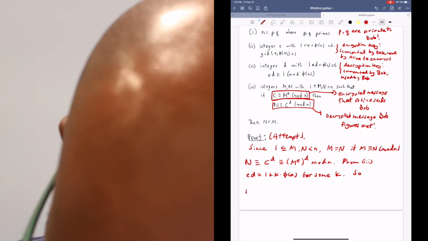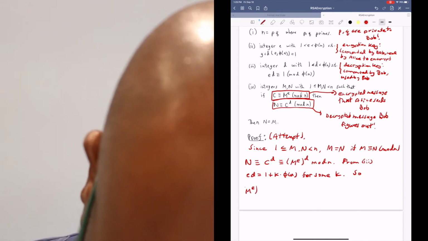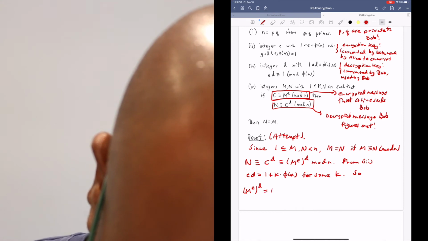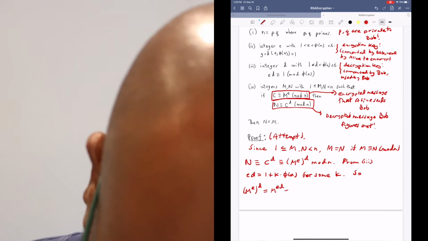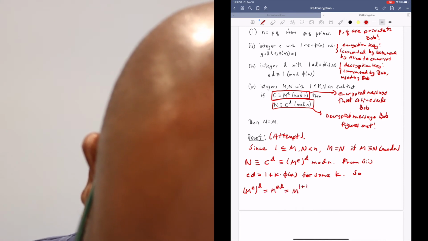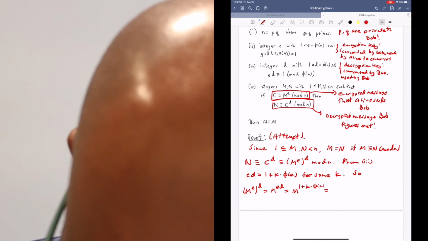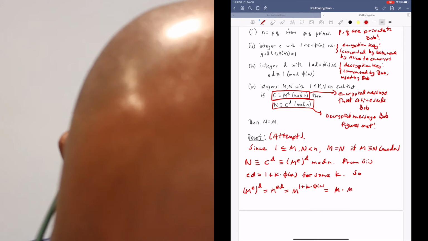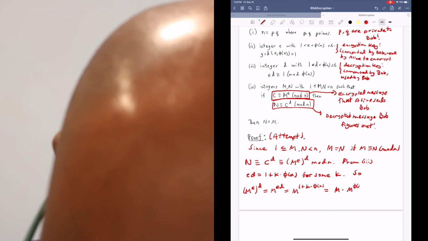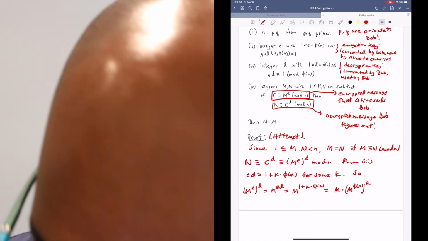Okay, so M to the E to the D, that's M to the ED, which is M to the 1 plus k times 5N, which can be rewritten as M times M to the phi of N raised to the k.